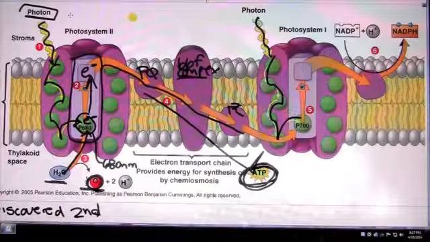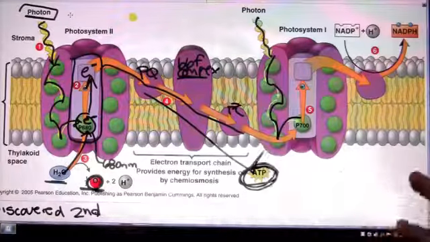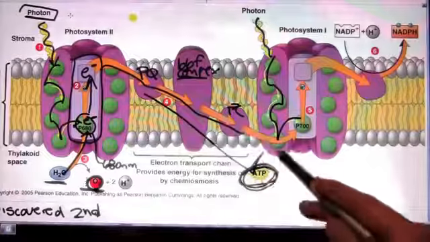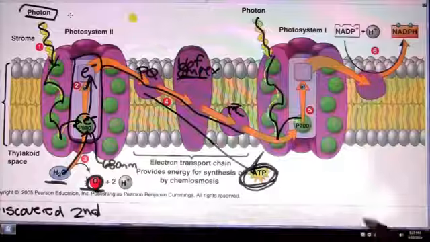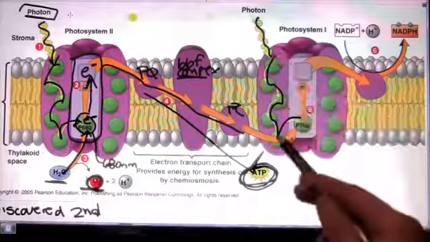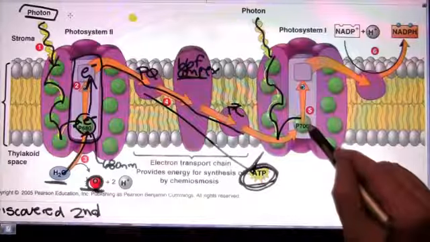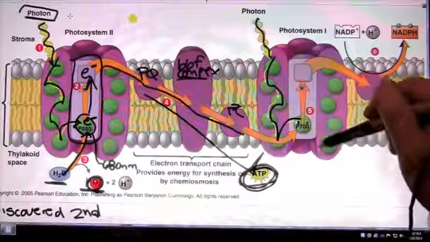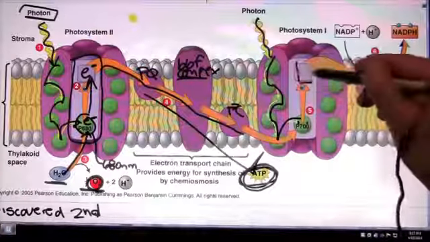Now back to the process of the electron movement. The electron that moved from photosystem 2 to photosystem 1 is then excited by the energy produced by the photon that was absorbed in P700, and the electron moves up energy states into the reaction center located here.